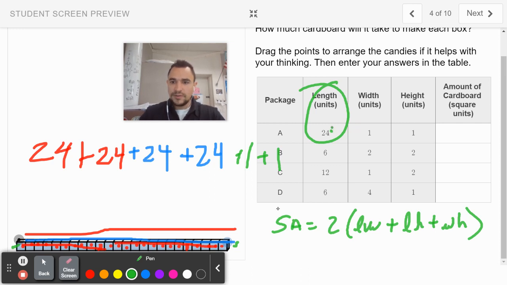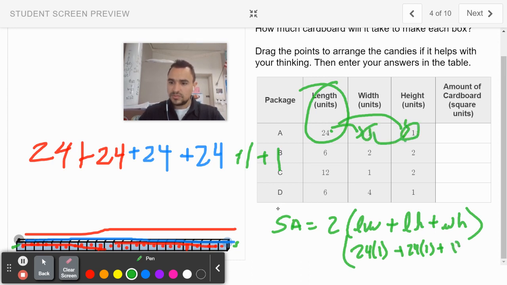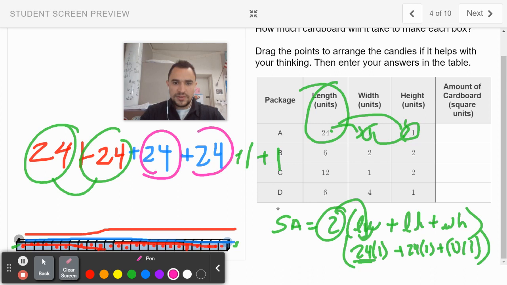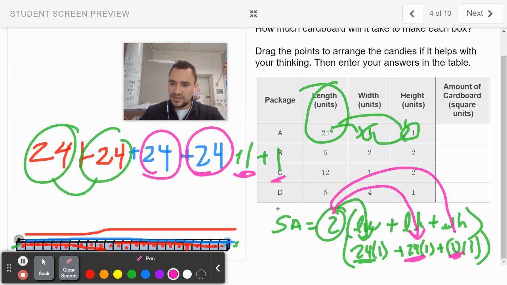So that means 24 times 1 plus 24 times the other one plus 1 times 1. So if you look, 24, 24, 24 times 2. And then we have 1 and 1, so 1 times 2.